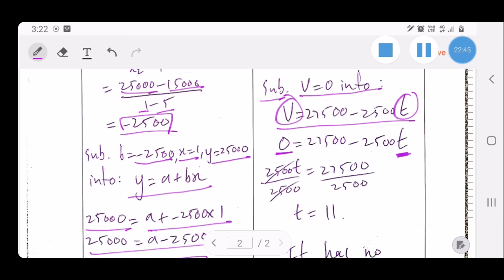All right, now I want to isolate the t, so I'm going to add 2,500t to the left and to the right hand side of the equation. Okay, so I end up with 2,500t equals 27,500, but I want to know what 1t equals, so I divide the left and the right hand side of the equation by this coefficient here in front of the t, and I get t equals 11.